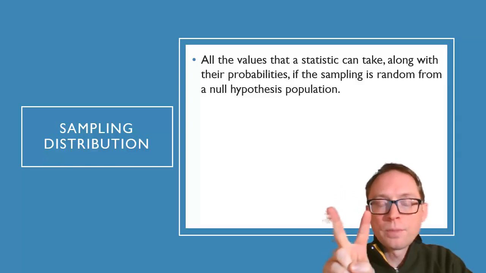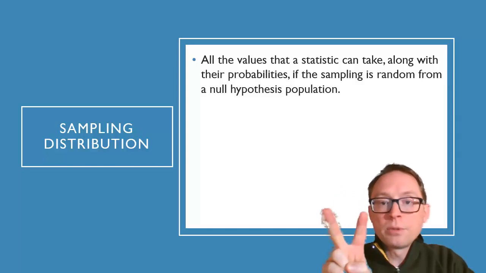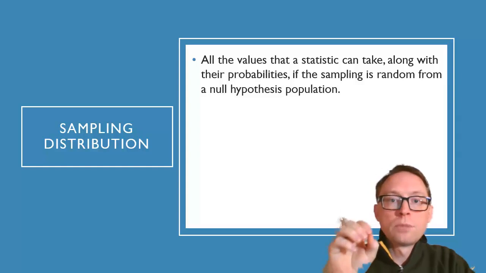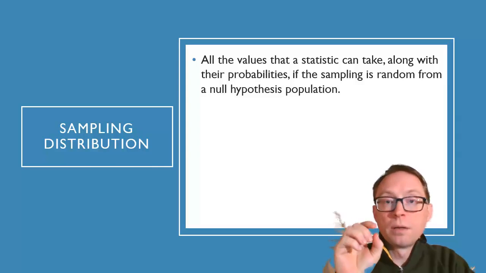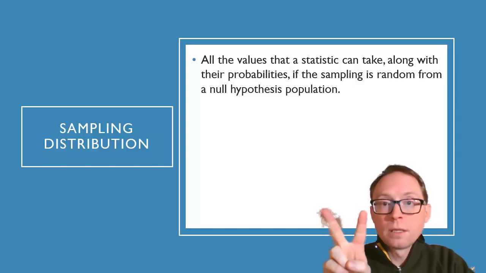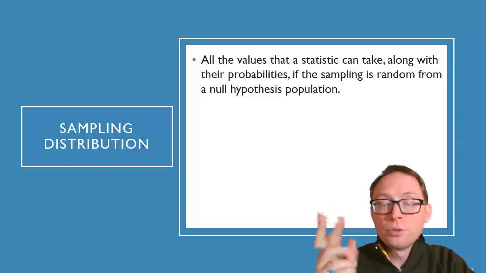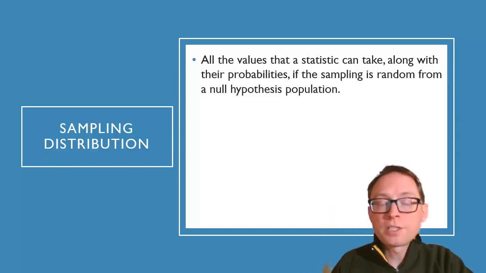What are all the possible values that that sample can take? Well, if we're looking at wood or metal, it could be 1 wood, 1 metal. It could be 2 wood, or it could be 2 metal. Those are the possible values that it could take.